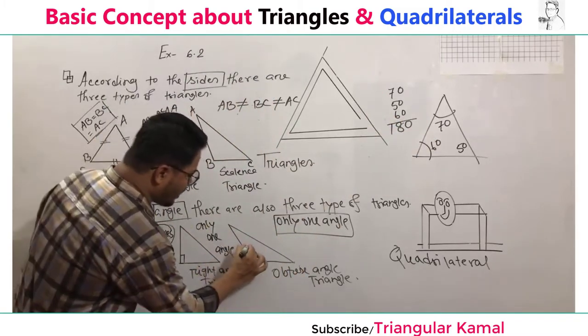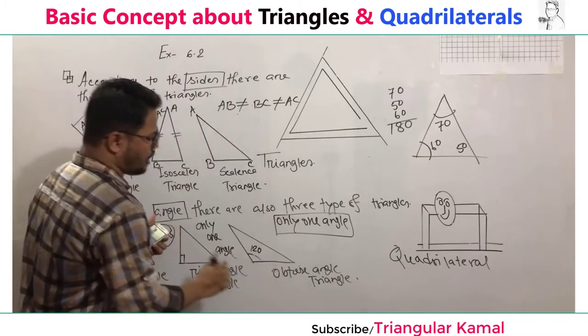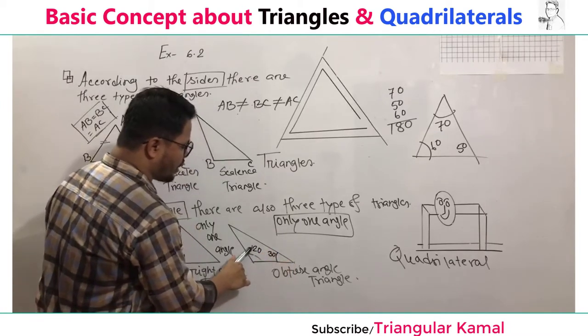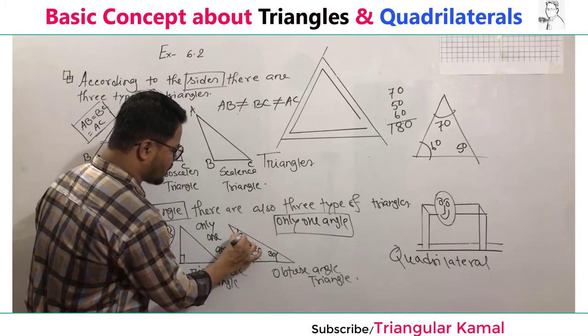If this angle is 120 degrees and this angle is 30 degrees, then 120 plus 30 is 150 done, so this angle must be 30 degrees.